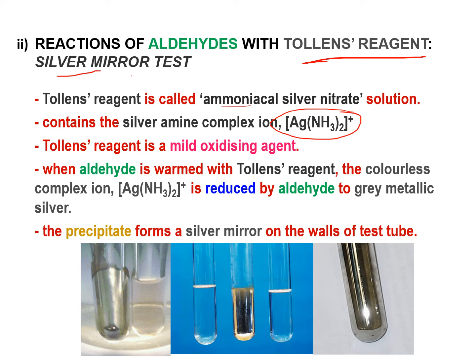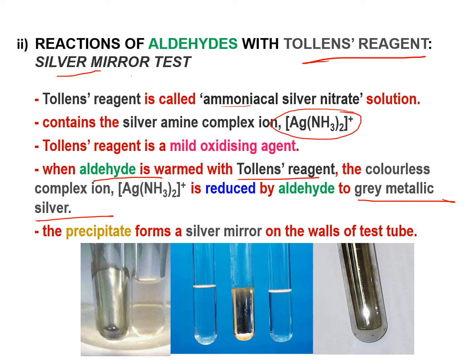So what is going to happen when aldehyde is warmed with the Tollens reagent? Before it is warmed, the color of the Tollens reagent is colorless. When it is warmed with the aldehyde, the Ag(NH3)2+ will be reduced to gray metallic silver.